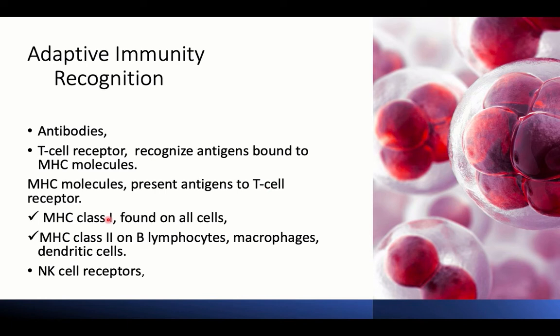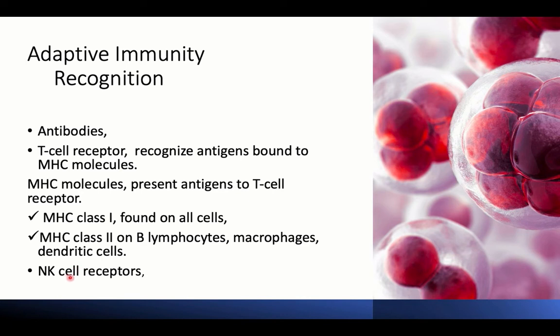We have two classes of the major histocompatibility complexes. Class 1 is found in all cells of the body, and class 2 is present on B lymphocytes, macrophages, and dendritic cells. These molecules bind foreign antigens and present them to the effector T lymphocytes.